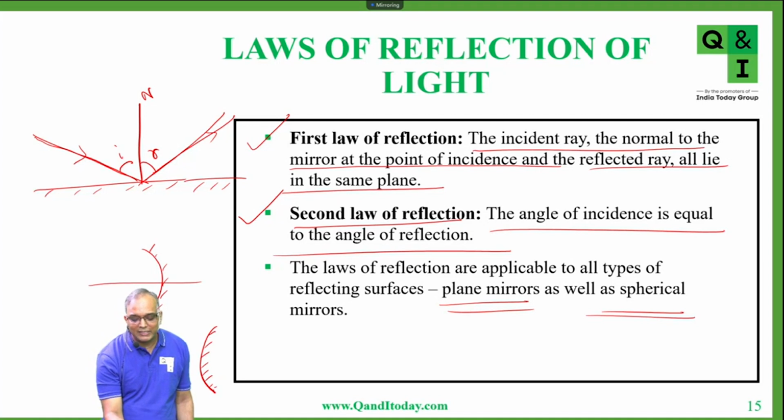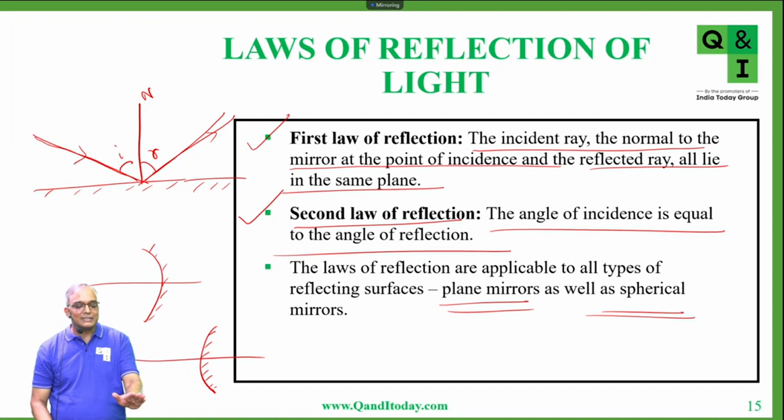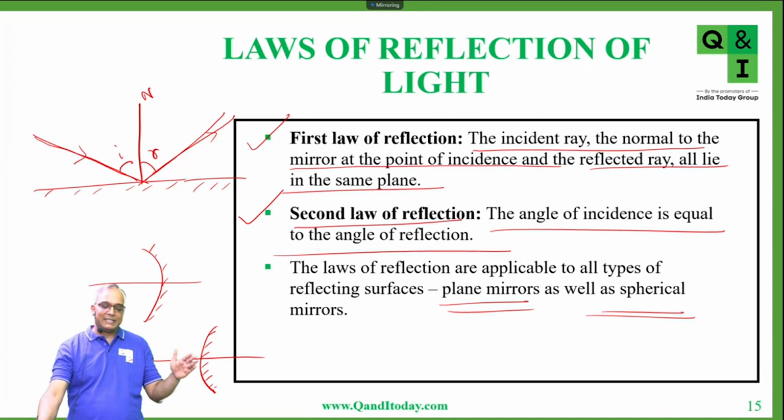In both these mirrors also, angle of incidence and angle of reflection will remain the same. When we study spherical mirrors, I'll tell you in detail what this law of reflection means there. Okay, so let's go ahead. It is applicable for plane surfaces as well as spherical surfaces, so plane mirror as well as spherical mirror.